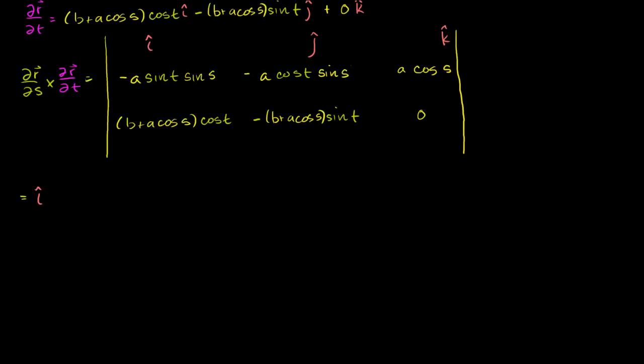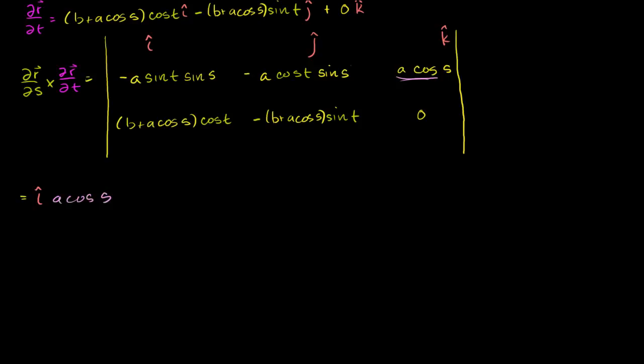So it's going to be this term times 0, which is just 0, minus this term times that term. The negative signs are going to cancel out, so this will be positive. So it's just going to be i times this term without a negative sign, which is a cosine of s.